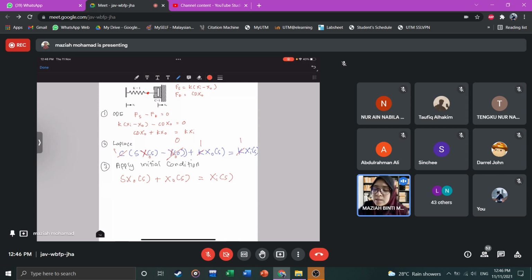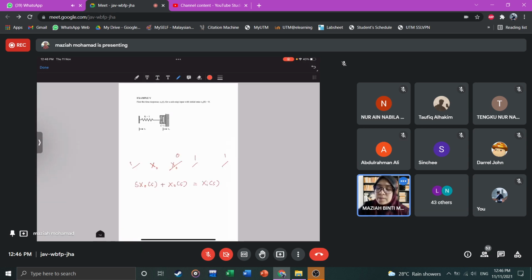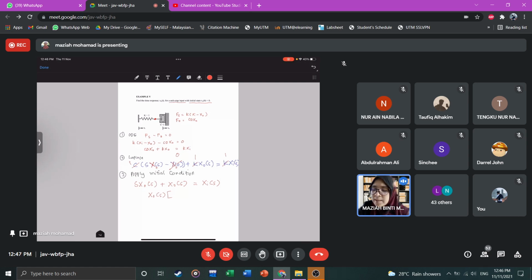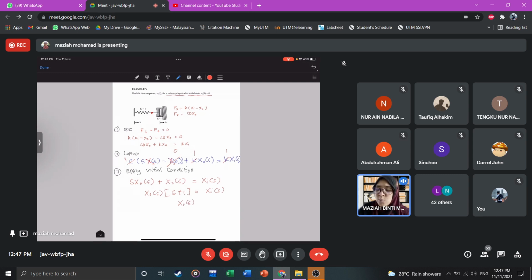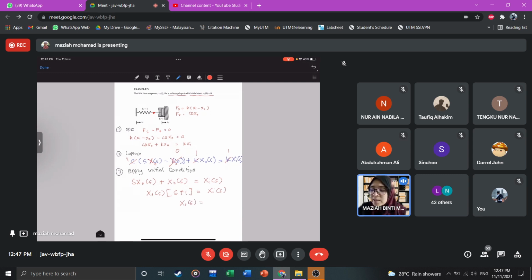So X naught(s) times (s plus 1) equals Xi(s). Remember, xi is the input and x naught is the output. So the output X naught(s) is equal to the transfer function 1 over s plus 1, multiplied with the input Xi(s).